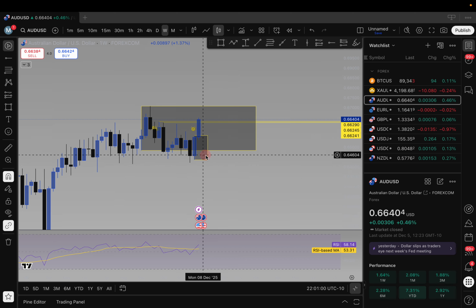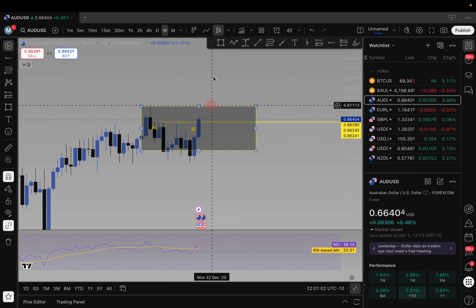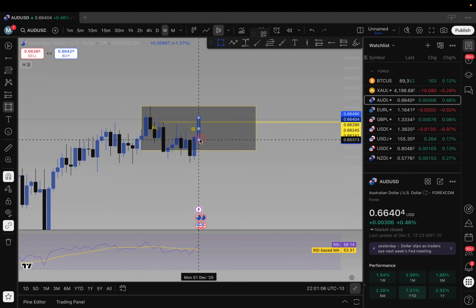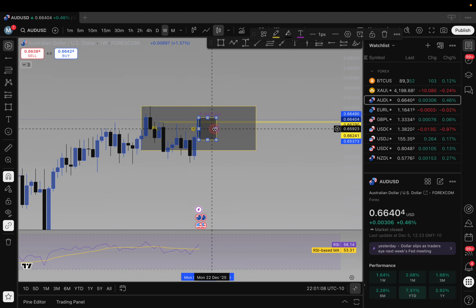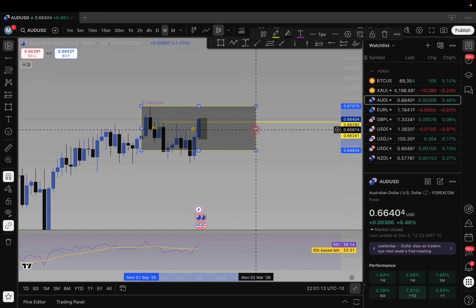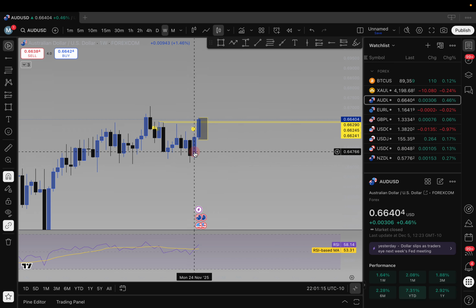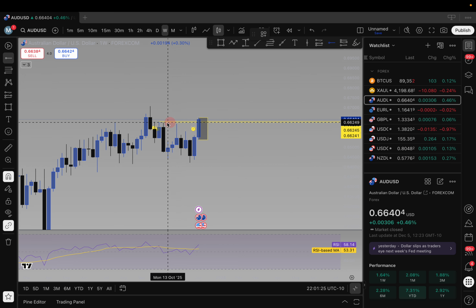And then it broke it again last week, which is this is our new theory candle right here. So let's delete the monthly. So now there are multiple POIs in the weekly. See how it broke this, it broke this, it broke this.